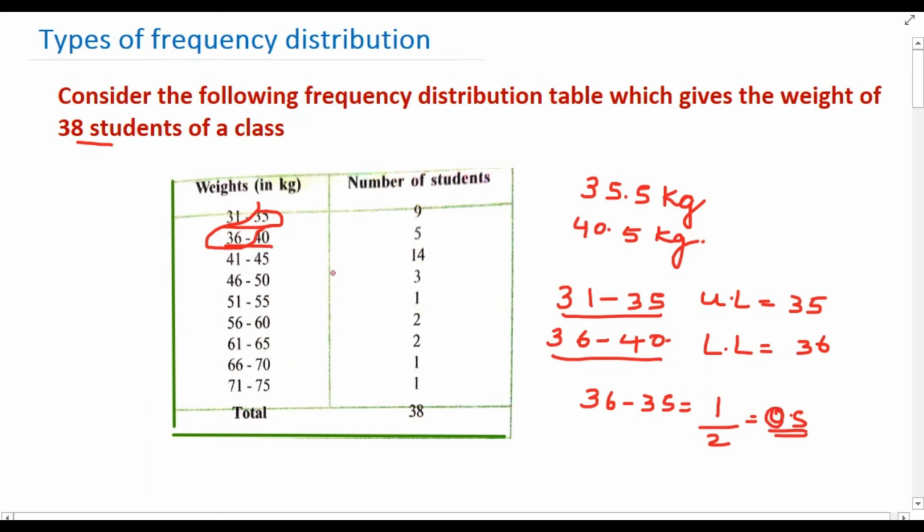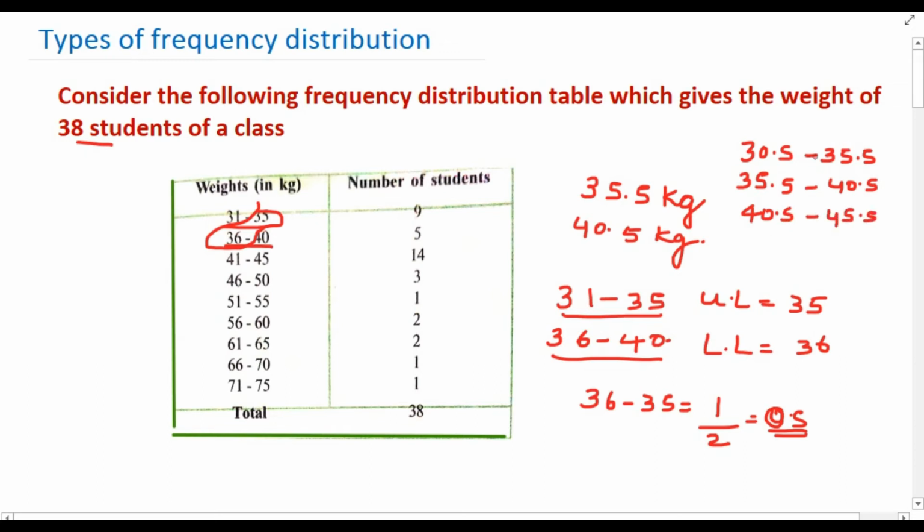To make the class intervals continuous, we subtract 0.5 from the lower limit of all the class intervals and add 0.5 to the upper limit of all the class intervals. So the first class interval will be 30.5 to 35.5, the second one will be 35.5 to 40.5, and the next one will be 40.5 to 45.5.